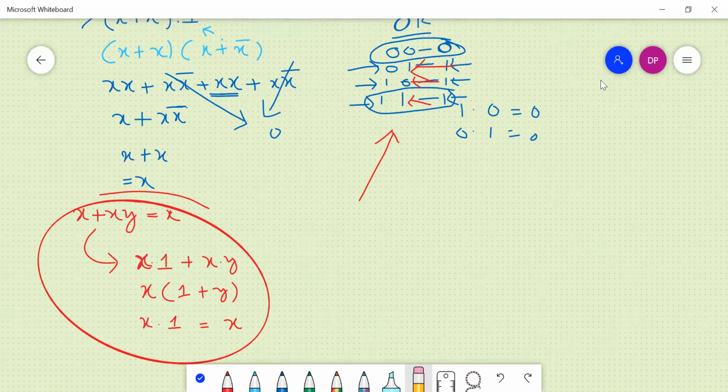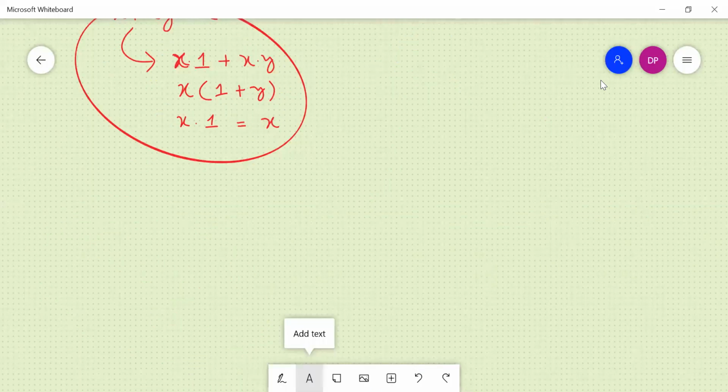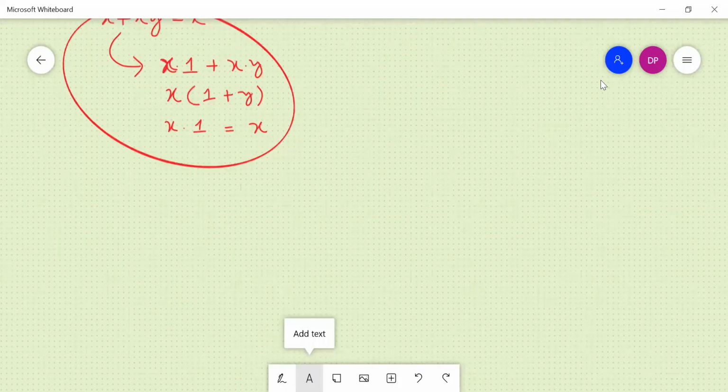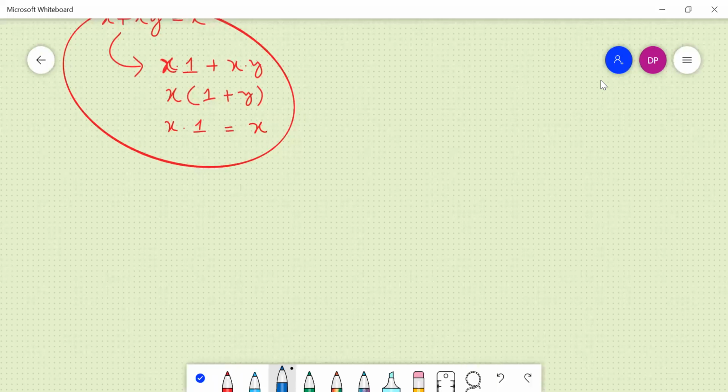We will take one more example. See, we have recently solved x or with x into y, which results in x.